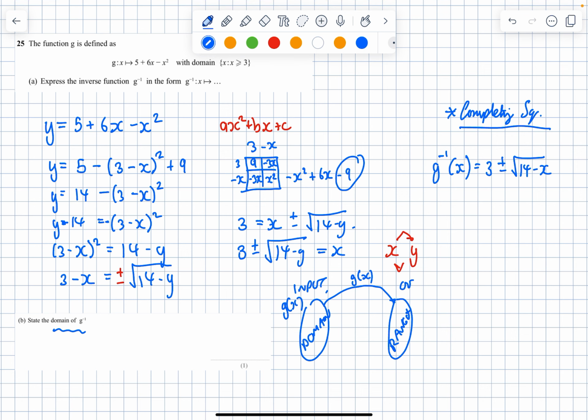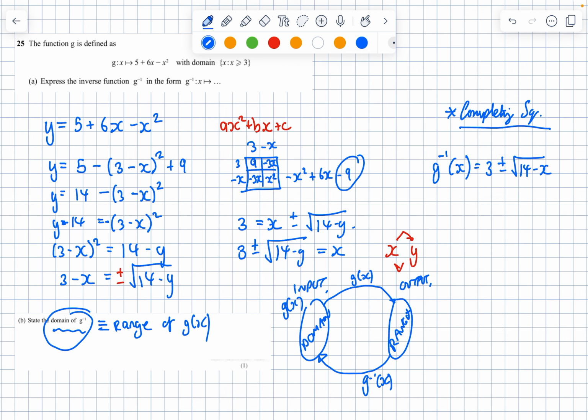Okay, and that's my output. Now, when I do the inverse, what I'm doing is I'm going back to the start. So my inverse takes the values in the range and maps them back to the domain. So what it means is that the domain of g minus 1 is the same thing as the range of g of x.